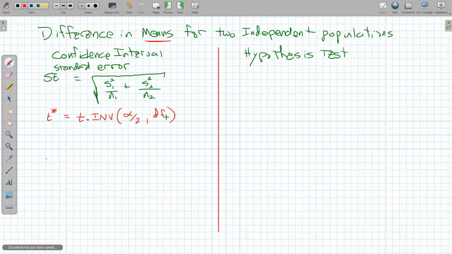There are several ways to calculate degrees of freedom for two samples. There's what's called a pooled degrees of freedom, which is this insane formula. I'm not going to do that. The book doesn't do it either. So we're going to use this simple version of degrees of freedom.